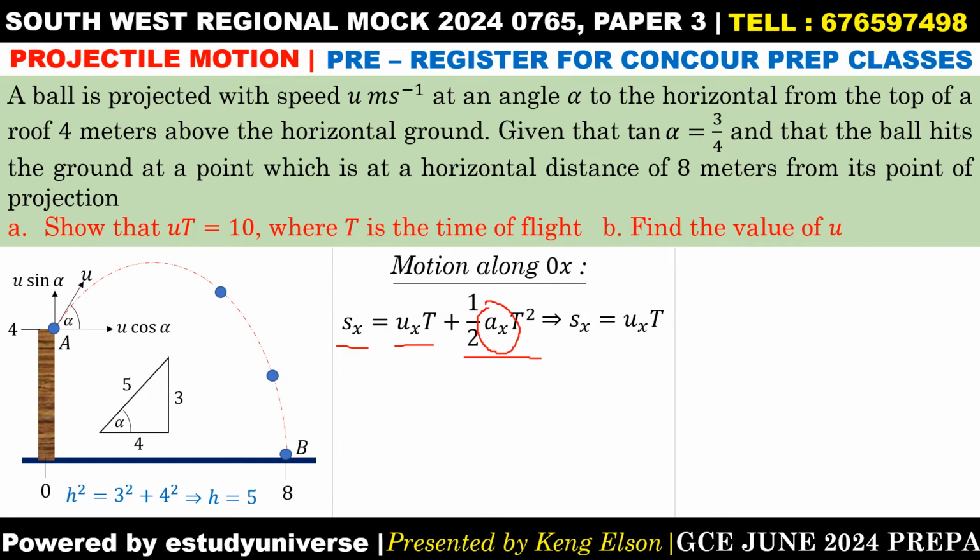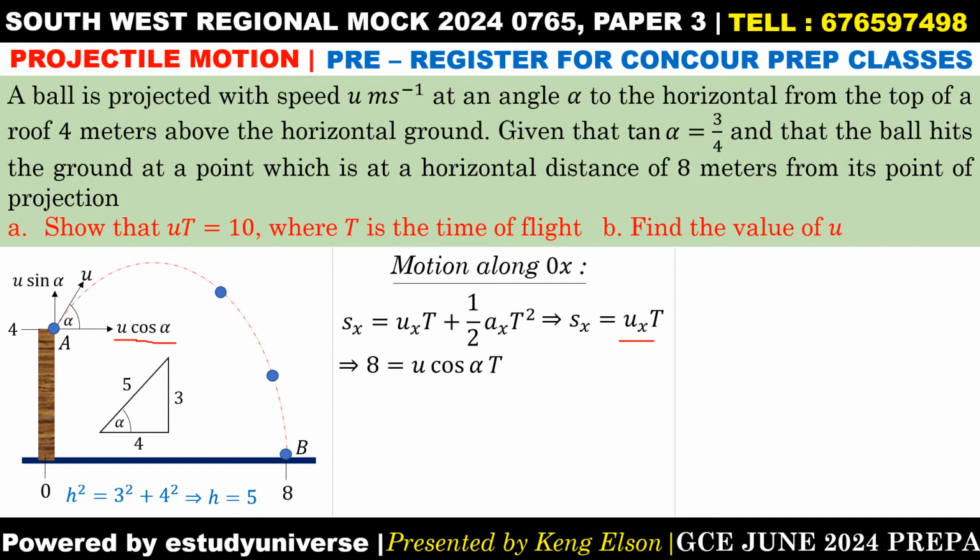A very important point to note: in the horizontal direction there is no acceleration. All right, now what is ux? Ux here is the initial speed of the ball in the horizontal direction, which is u cos alpha.